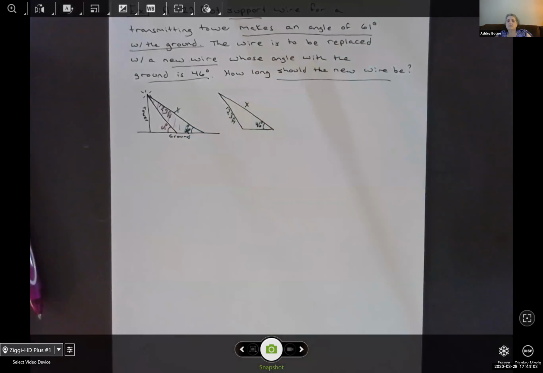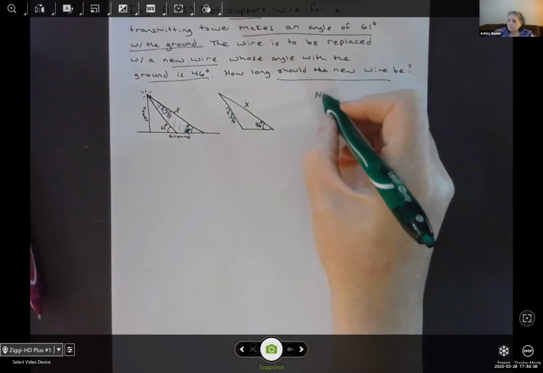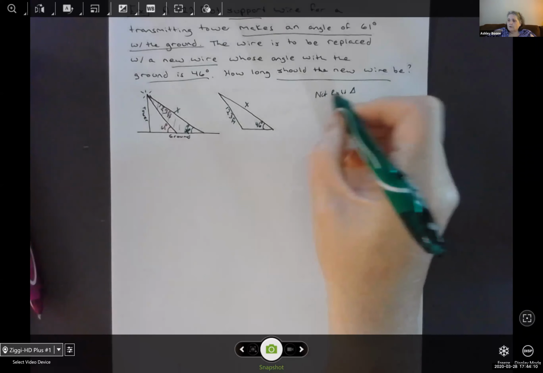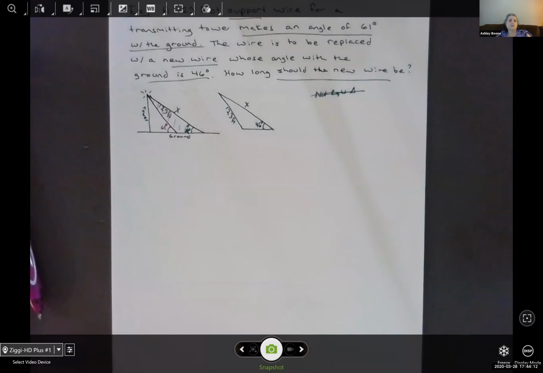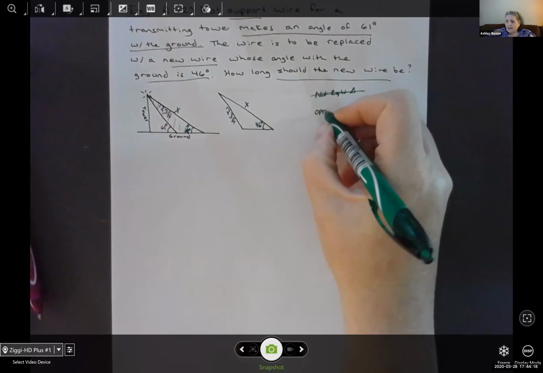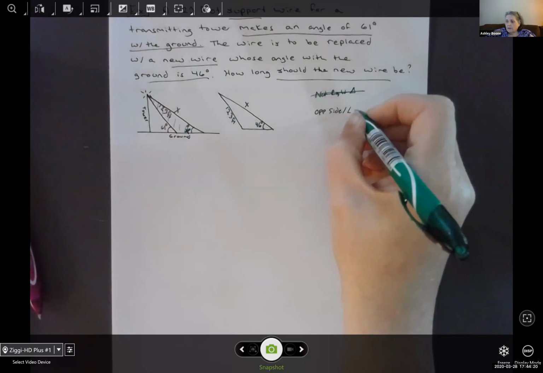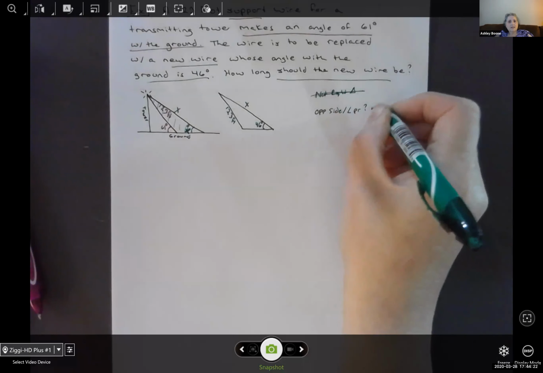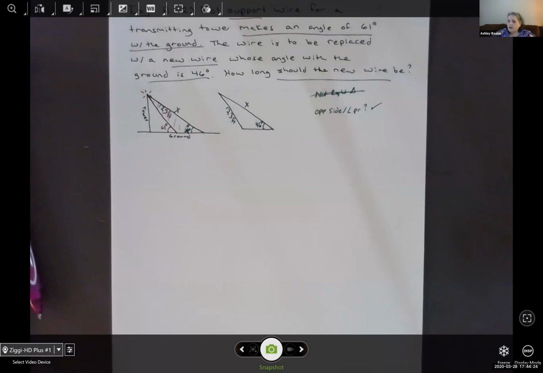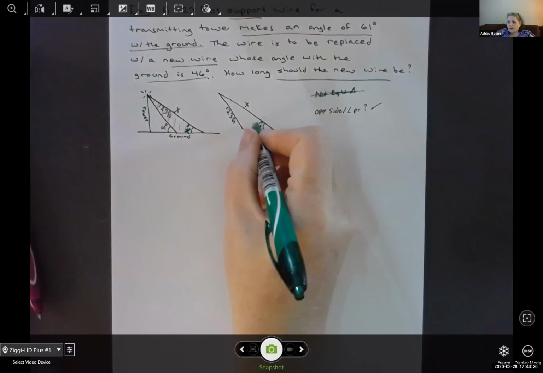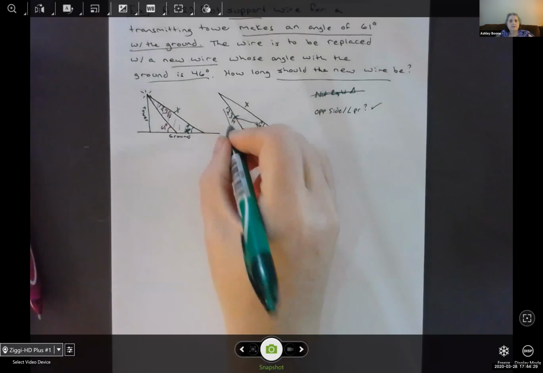Well, notice I don't have a right triangle, so I'm not going to resort to using trig ratios like we did with triangles before. Do I have an opposite side angle pair? I actually do, because notice the 46 degree angle is opposite 123 feet.